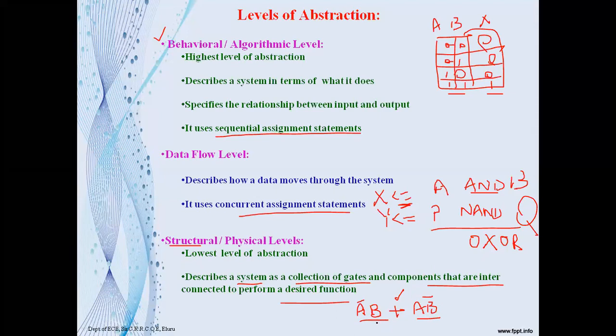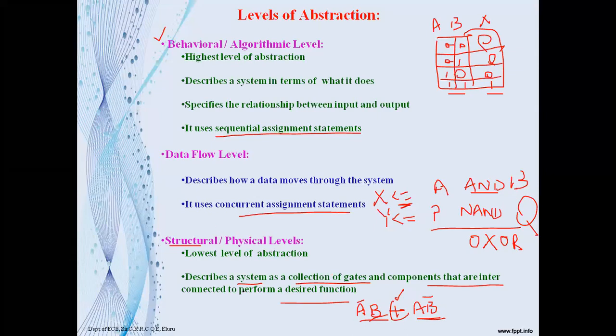What are the components? 2 AND gates, to implement this term and this term, and finally to obtain the output, we require the OR gate here, right? So at the structural level of abstraction, at the structural modeling, we use the gates, the components, and we connect them to implement the function of the circuit.